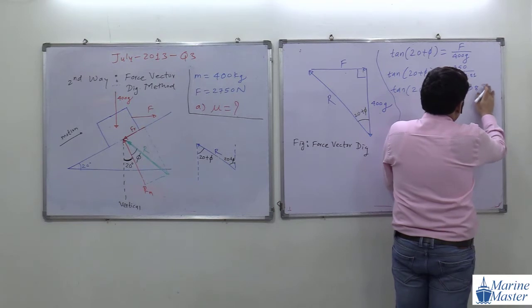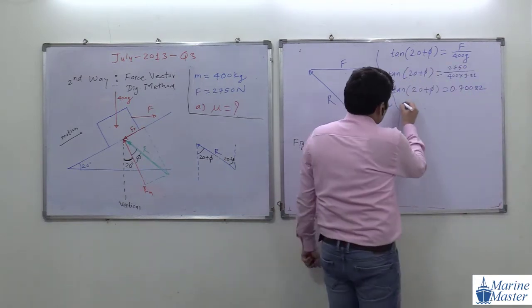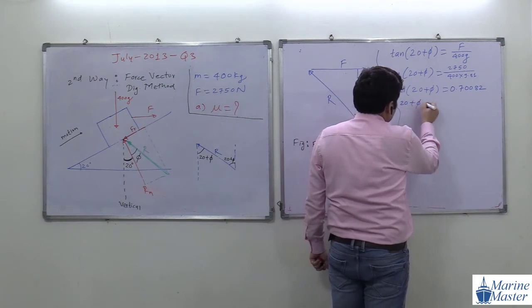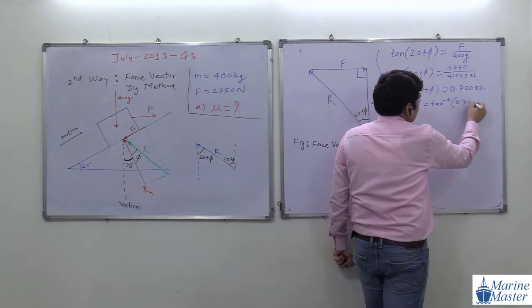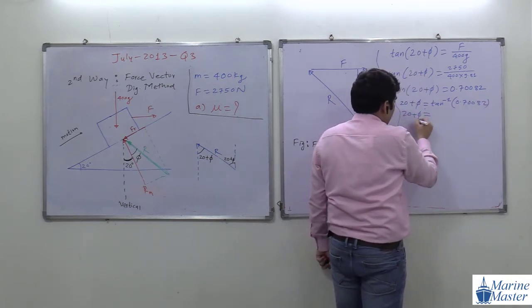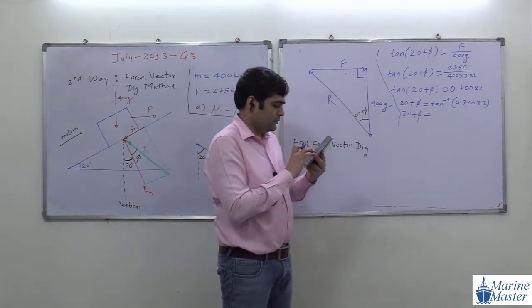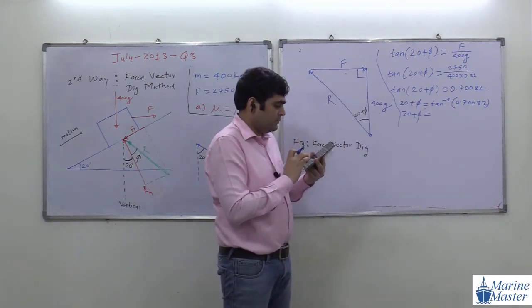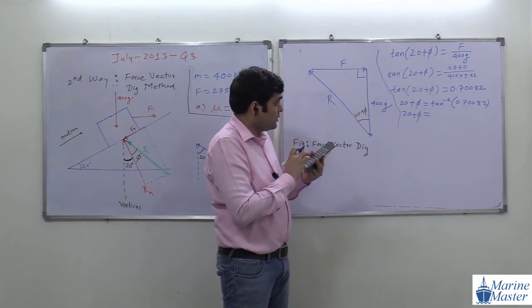0.70081, or we can take 82. So we got 20 plus 5. If you take tan inverse of this term, tan inverse of 0.70082, we will get this value 20 plus 5. Everyone, do these things. Shift tan inverse 0.70082.